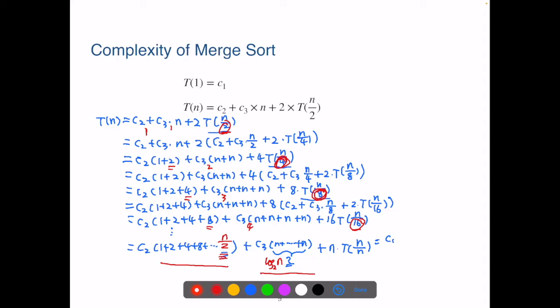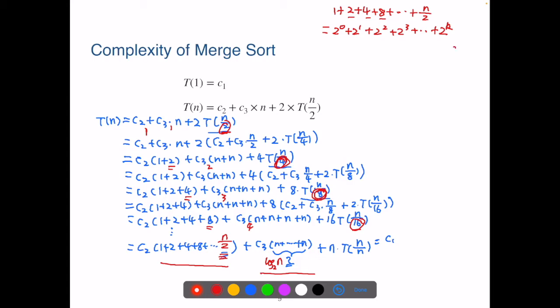Now we need to figure out what's 1 plus 2 plus 4 plus 8 plus up to n over 2. We know all these numbers are powers of 2. So we can write it as 2 to the power of 0, 2 to the power of 1, 2 to the power of 2, 3, and let's say the last one is 2 to the power of k.